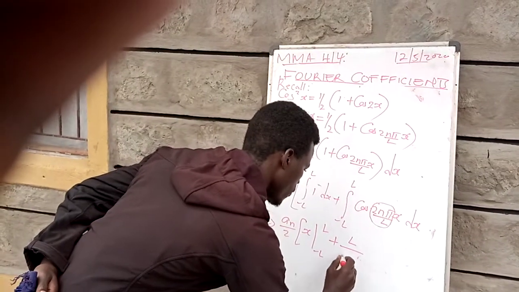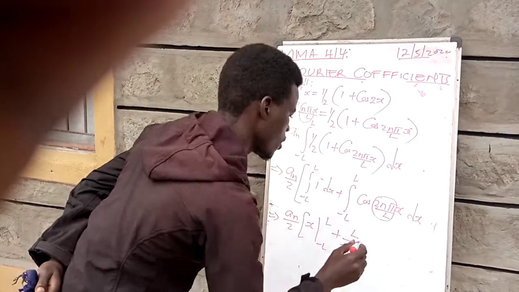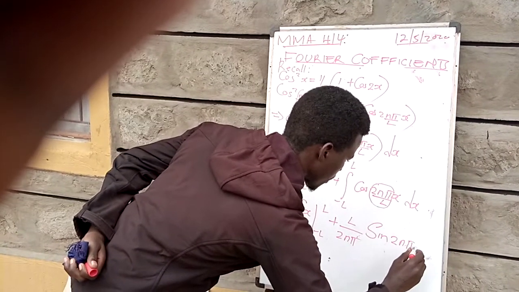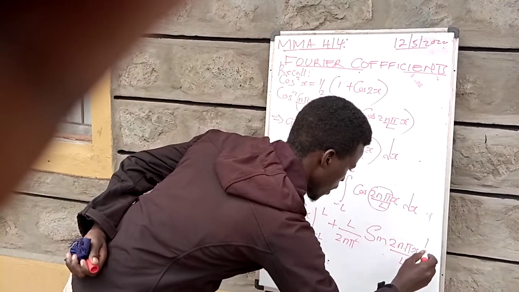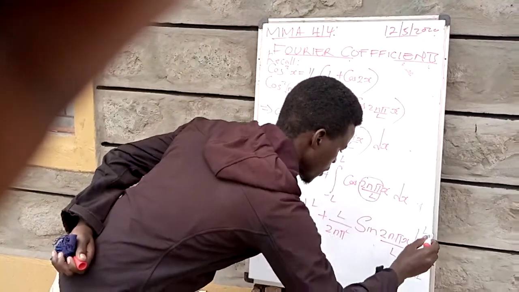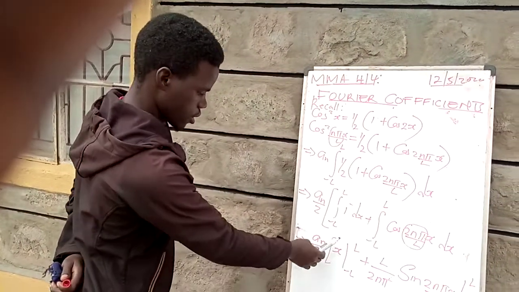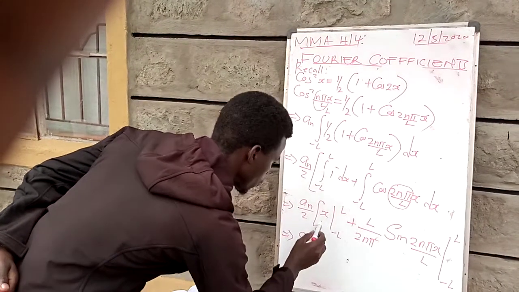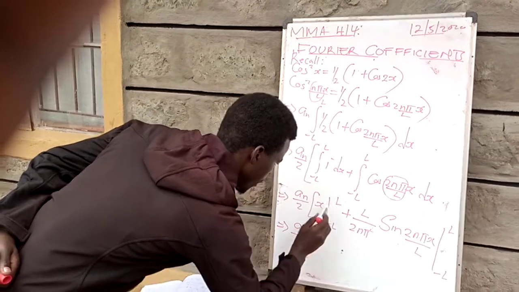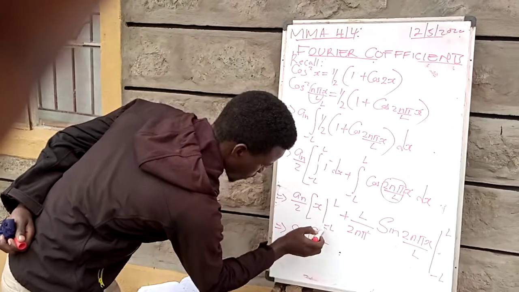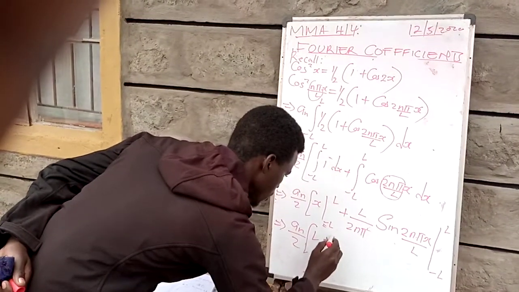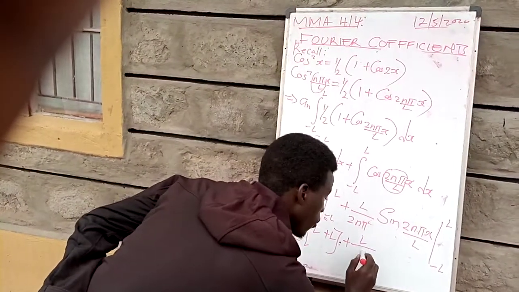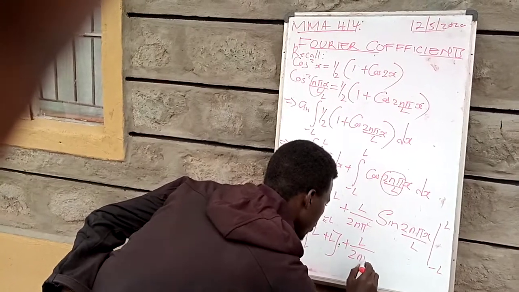It will be L over 2n pi of sine of 2n pi x over L, with the limits from negative L to L. If you substitute, you are going to get a n over 2 times L minus the negative that is here, so you get a positive, and then plus L over 2n pi.